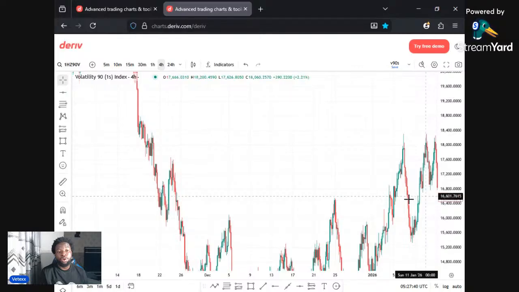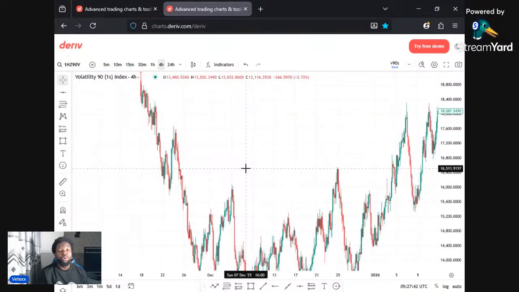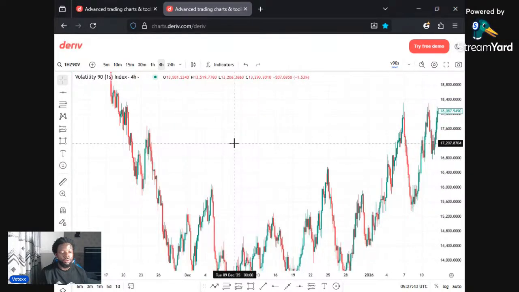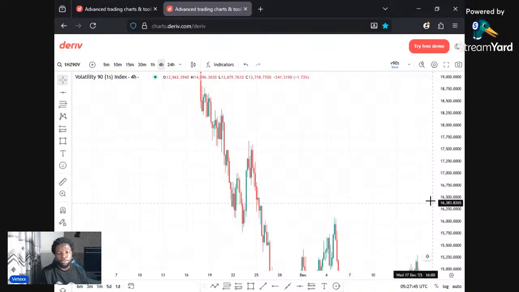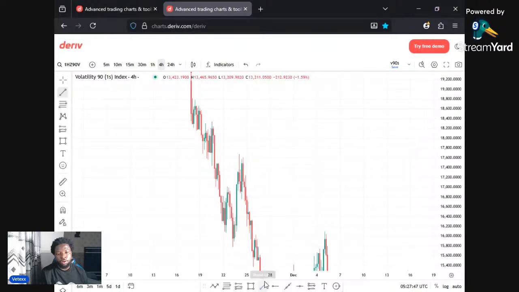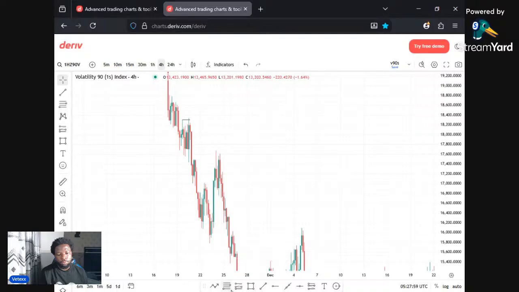So now that we know where price is coming from on the 24-hour, we'll go to the 4-hour time frame and check if there's a continuation. Clearly, you can see our first rule here, which is sweep of liquidity. And this is our rule number two, first break of structure.